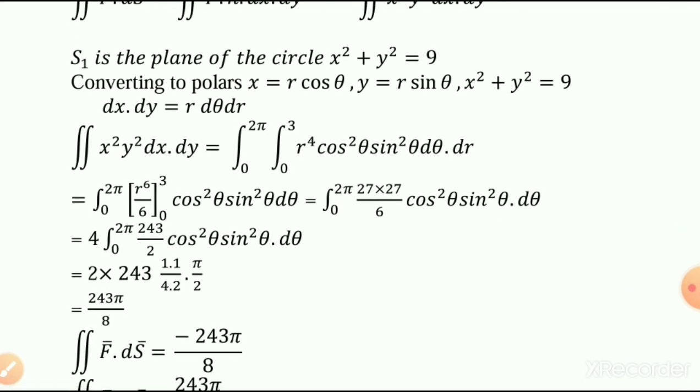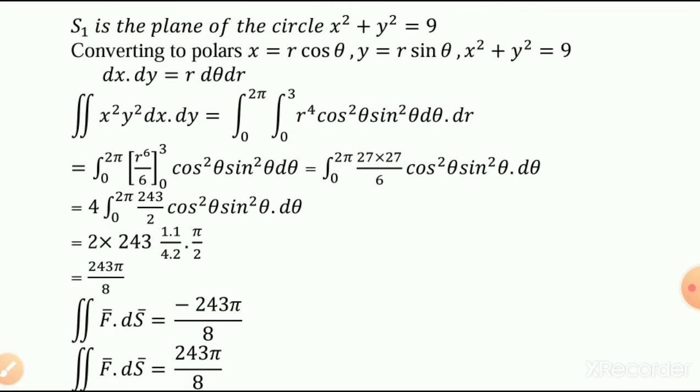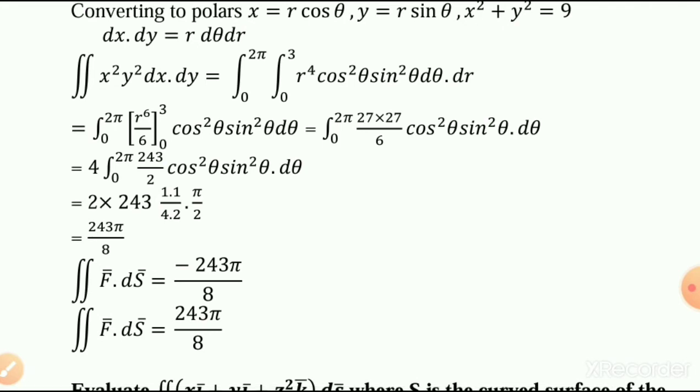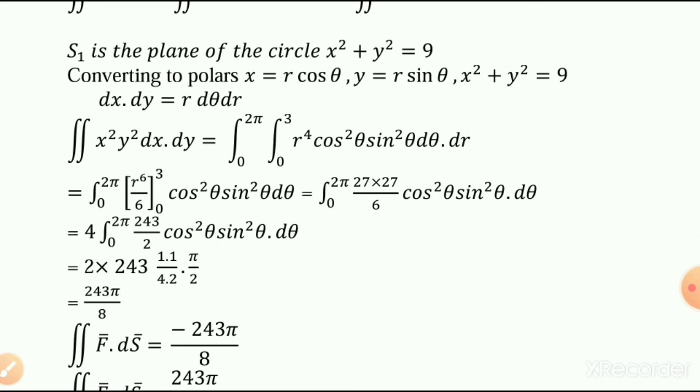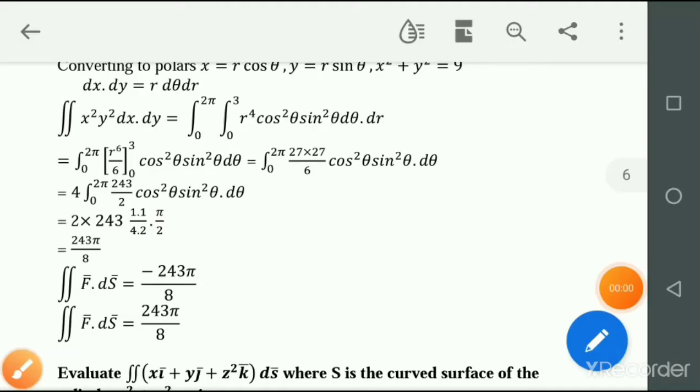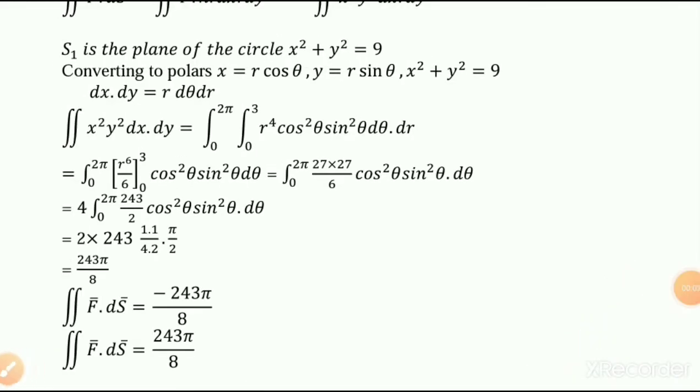So converting to polar form, x is equal to r cos theta, y is equal to r sin theta, x square plus y square is equal to 9, and dx dy becomes r d theta dr. So for the double integration of x square y square dx dy over the circle, the variables are now r and theta and the limits change. The center is at the origin, so the initial point is 0 and the radius r is equal to 3, so r varies from 0 to 3 and theta from 0 to 2 pi.